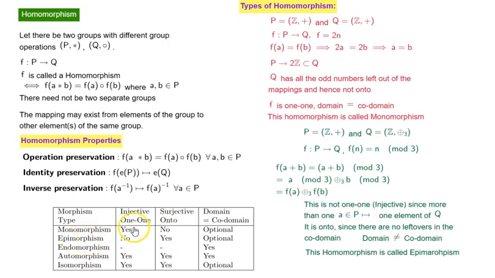Now, in case of epimorphism, it is not 1 to 1, but it is onto. Endomorphism, these two don't matter. What matters is that the domain is equal to codomain. Automorphism, it is 1 to 1 and it is onto, and domain is equal to codomain. And isomorphism is 1 to 1 and onto, but not necessarily domain equal to codomain.